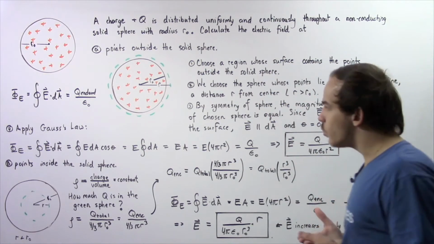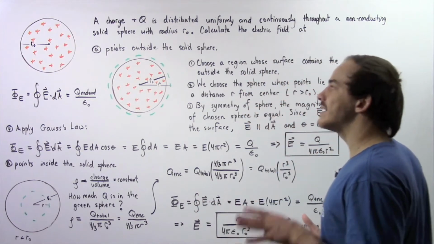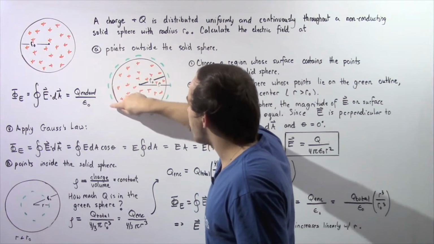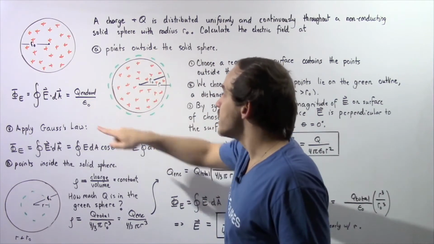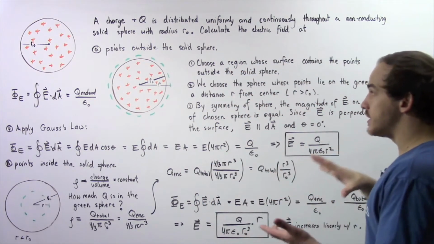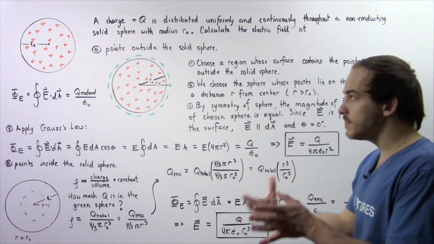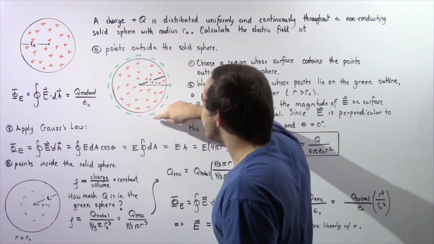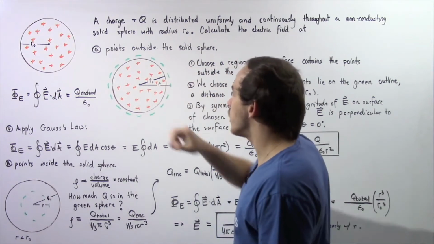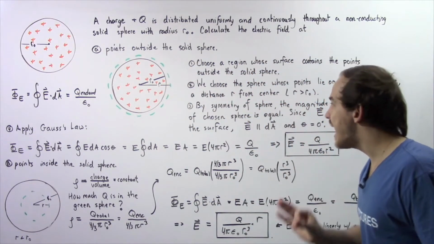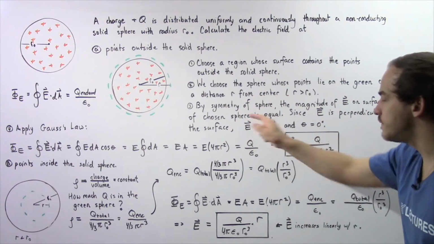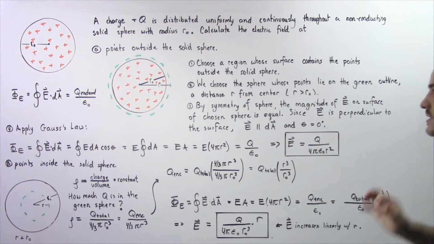So we essentially want to ask ourselves, what exactly is the electric field at all the points found on the green outline? Now, by the symmetry of the sphere, because electric field depends on the distance, and the distance on this region is the same, it's the distance given by r, that means the magnitude of our electric field on the surface of the chosen sphere is exactly the same.